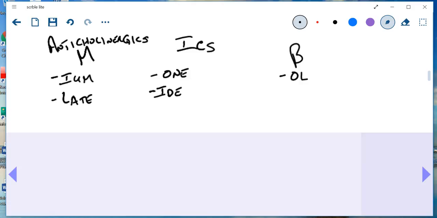So we're dealing with formoterol, salmeterol, and of course you have albuterol. Those are your three basic classes of medications and how you're able to pretty much remember all of those by just looking at what they end in.